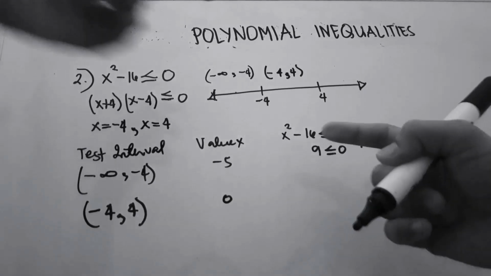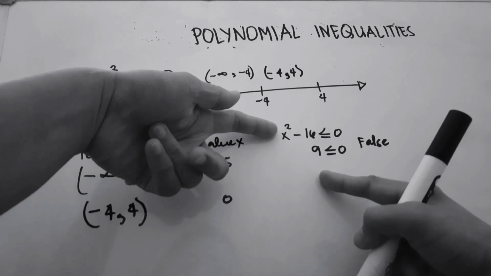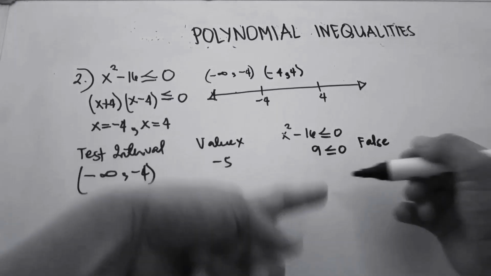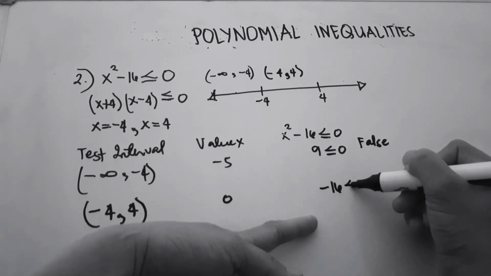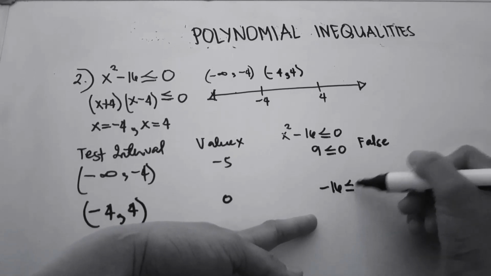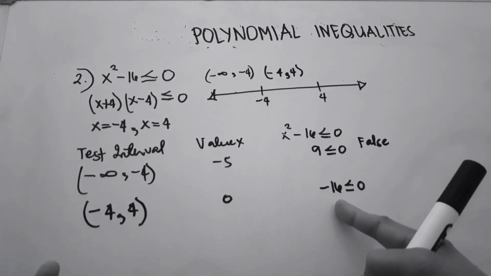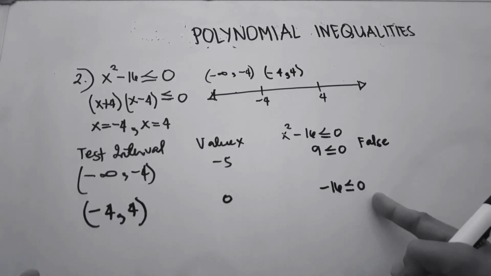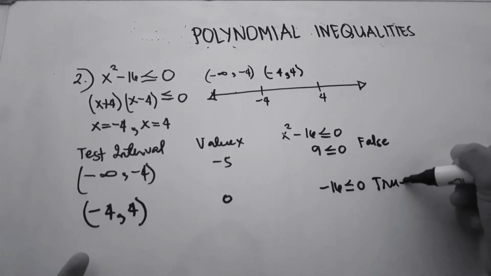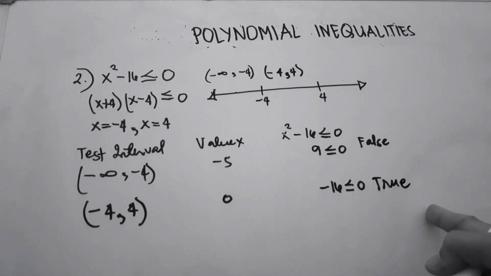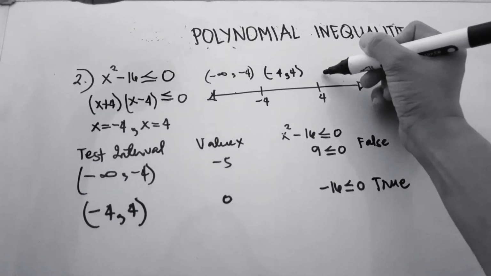Substituting 0, 0 minus 16 is negative 16, which is less than or equal to 0. Since negative 16 is less than or equal to 0, this is correct, a true statement.